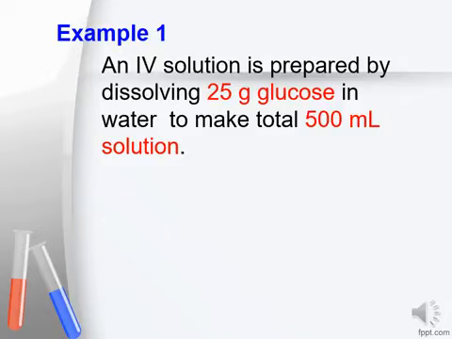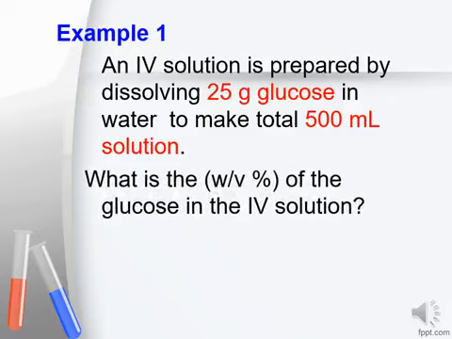What will be the weight per volume percent? I'm going to divide the amount of solute, which is 25 gram, by the total solution amount, which is 500 milliliter. Dividing 25 by 500 and multiplying by 100, it will be 5 gram percent. He asked what is the weight per volume of glucose in this IV solution.